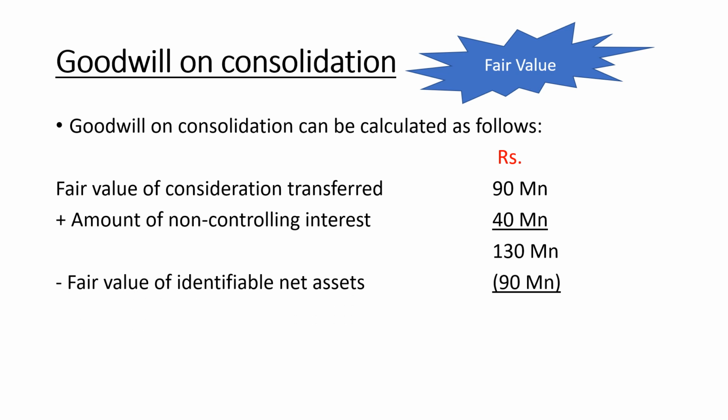From that we have to deduct the fair value of identifiable net assets. Here under the third additional information, they have provided that the fair value of the identifiable net assets is equal to 90 million. Then we can calculate the goodwill on the acquisition date as 40 million.